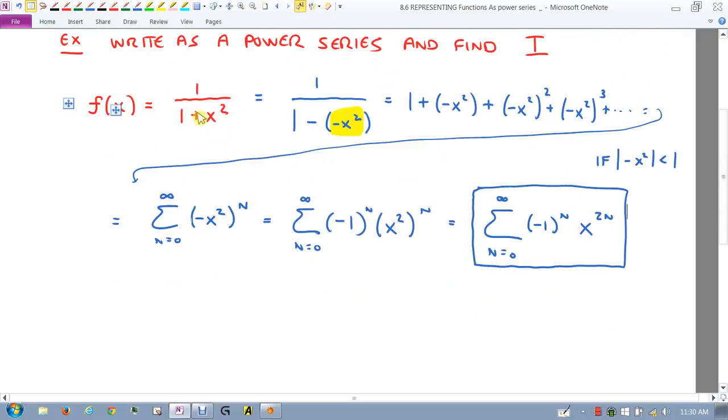This right here can be represented as this, as long as the absolute value of negative x squared is less than 1. Isn't this the same as saying if the absolute value of x squared is less than 1? Because negative doesn't matter with the absolute value. And then if you square root both sides, you basically get this.